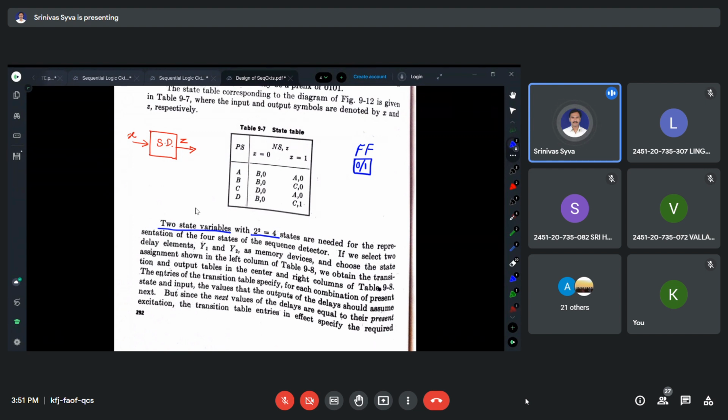So 2 flip-flops are required to represent the 4 internal states of the sequence detector.